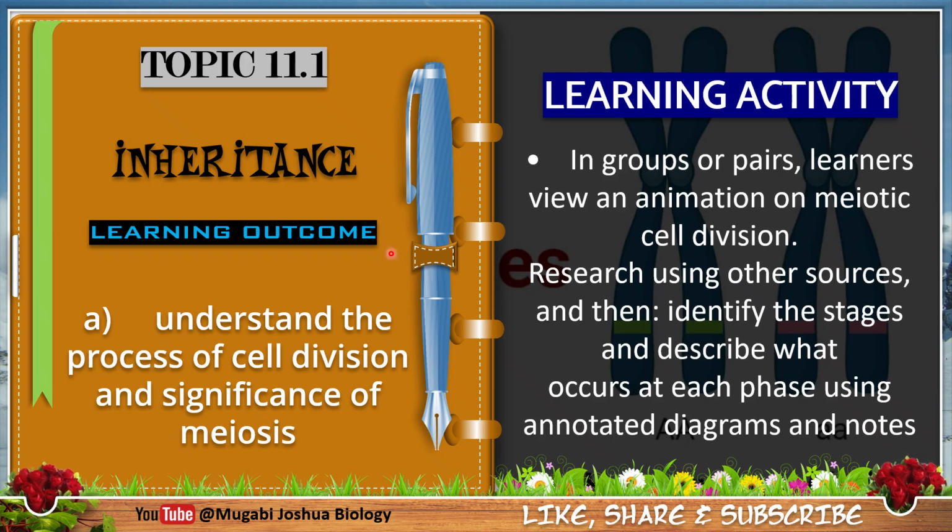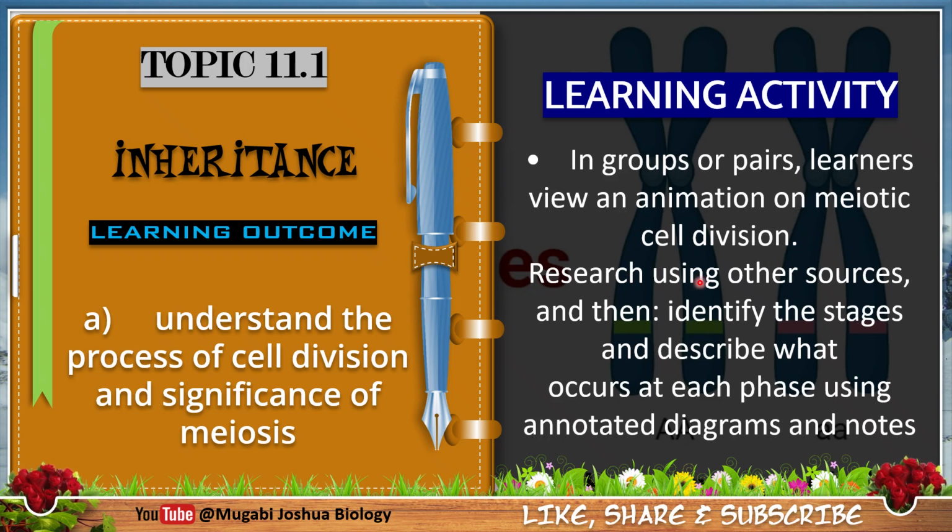So what have we been specifically looking at is what we are referring to as our learning activity. Here we are saying in groups or pairs, learners view an animation of meiotic cell division.